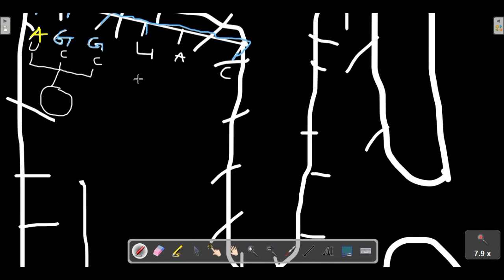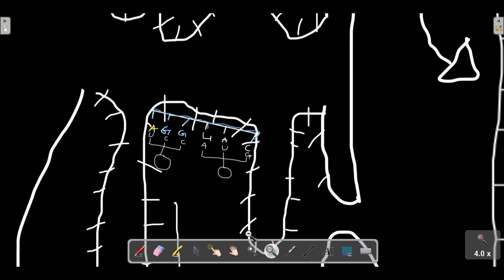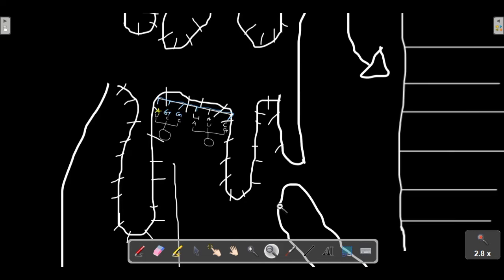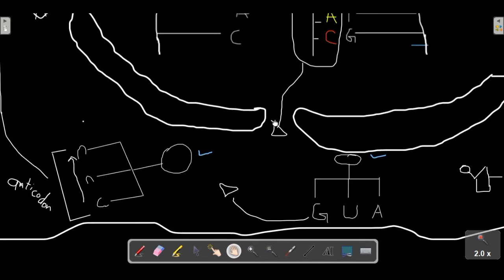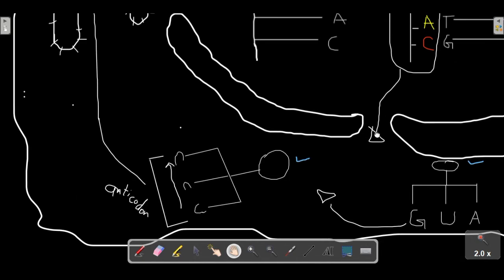That is U, and so this should be A. That's A, this should be U, and that's C, this should be G. So be careful of the confusion we usually have between thymine and uracil in these two different molecules. Okay, so that's what we're doing there.